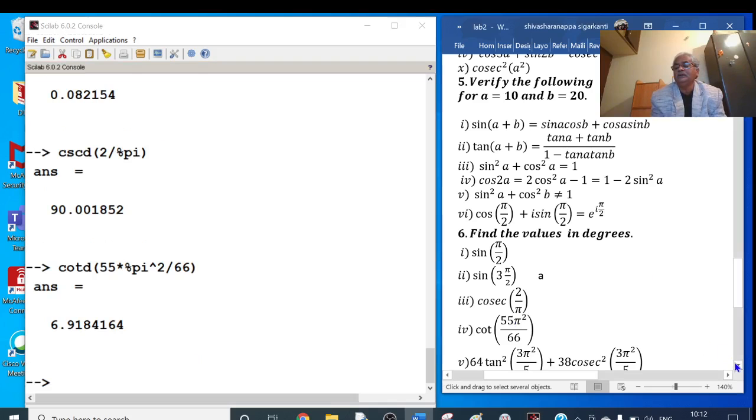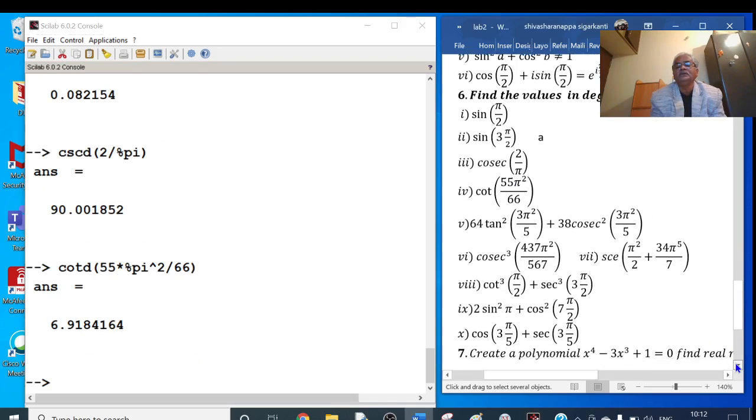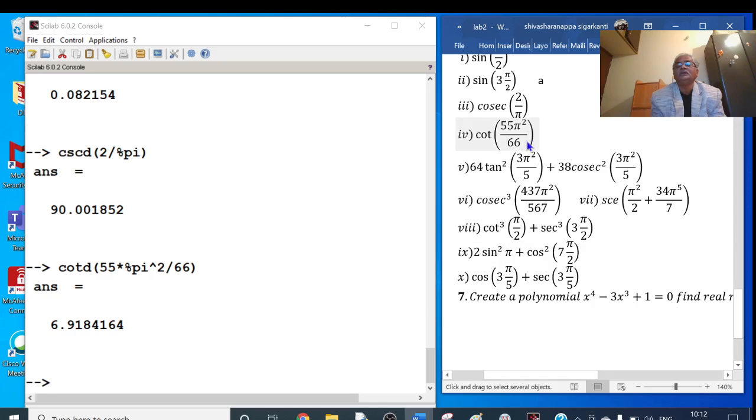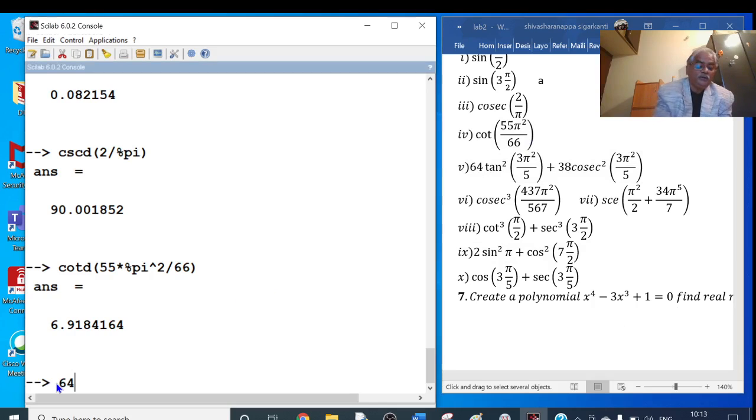Similarly, 64 into tan square, tan in degrees, so I have to write tan d. What is the argument here?